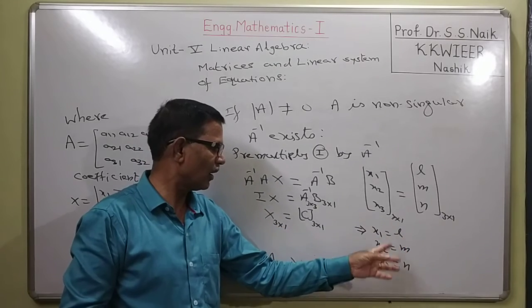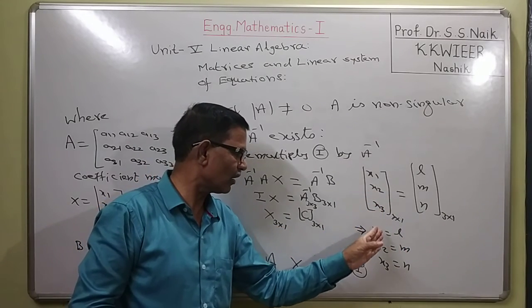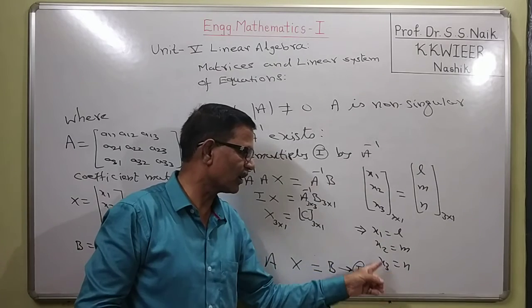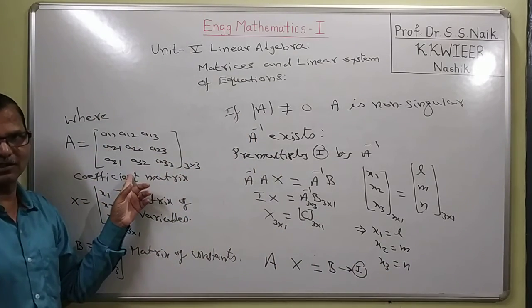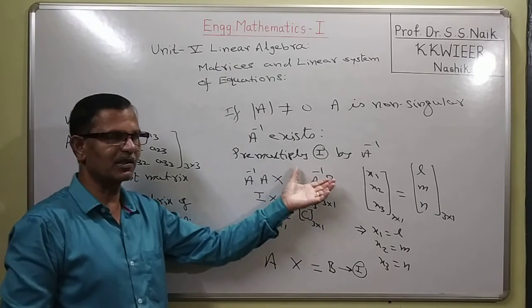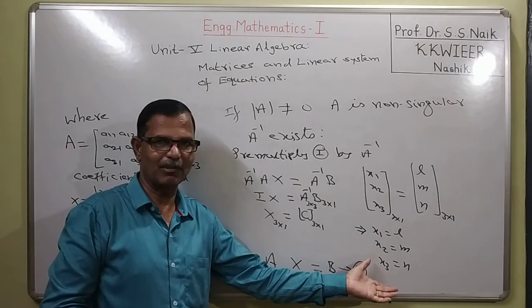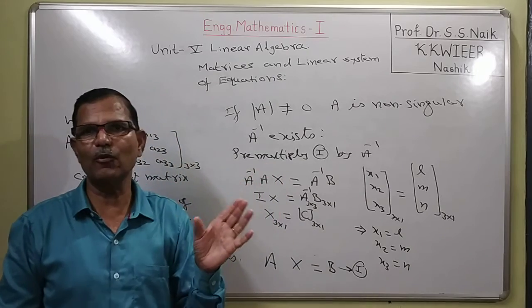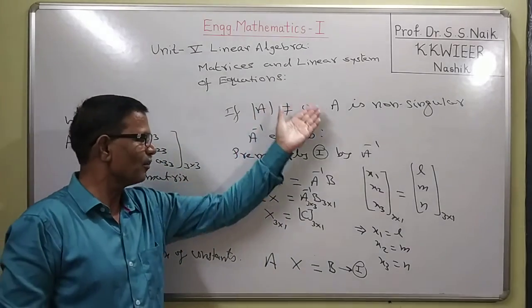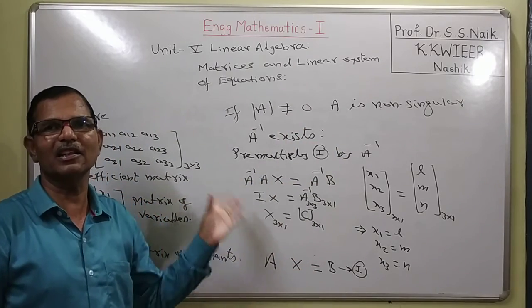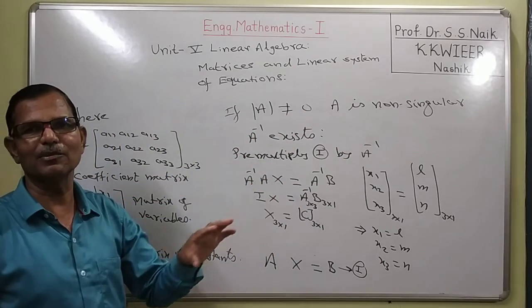So when you are given a 3 by 3 matrix, you find the solution by finding the inverse and so on. But when it is a 4 by 4 matrix, or in general an n by n matrix, this method of finding the inverse and then multiplying becomes difficult.